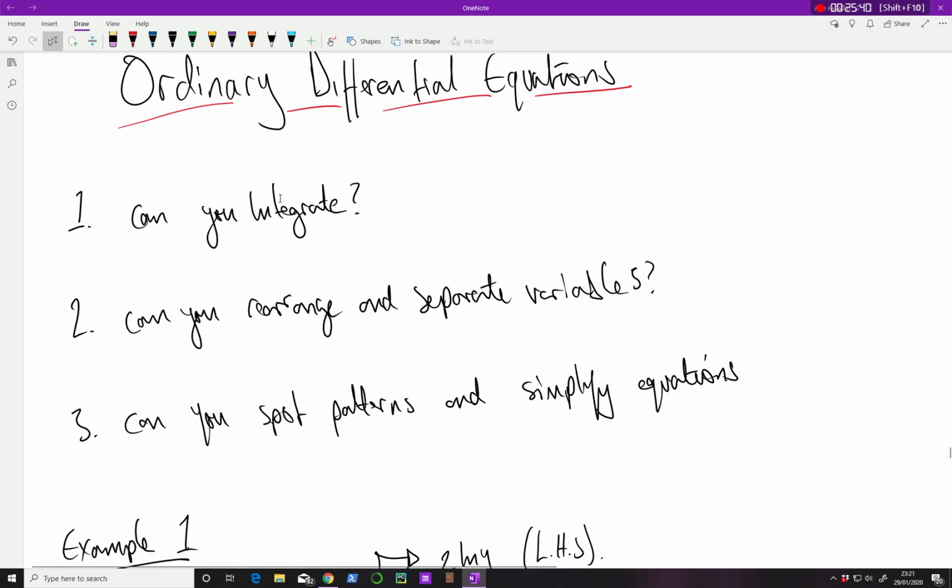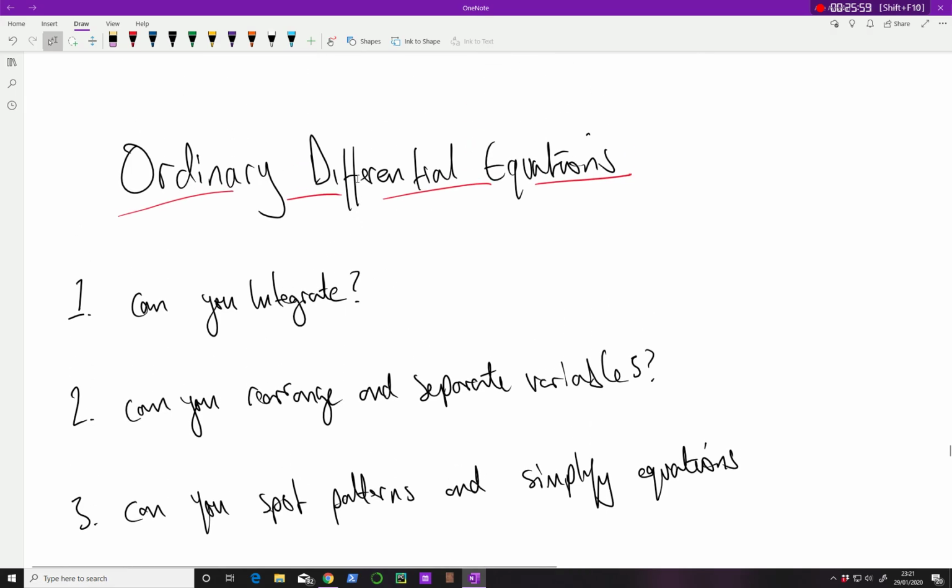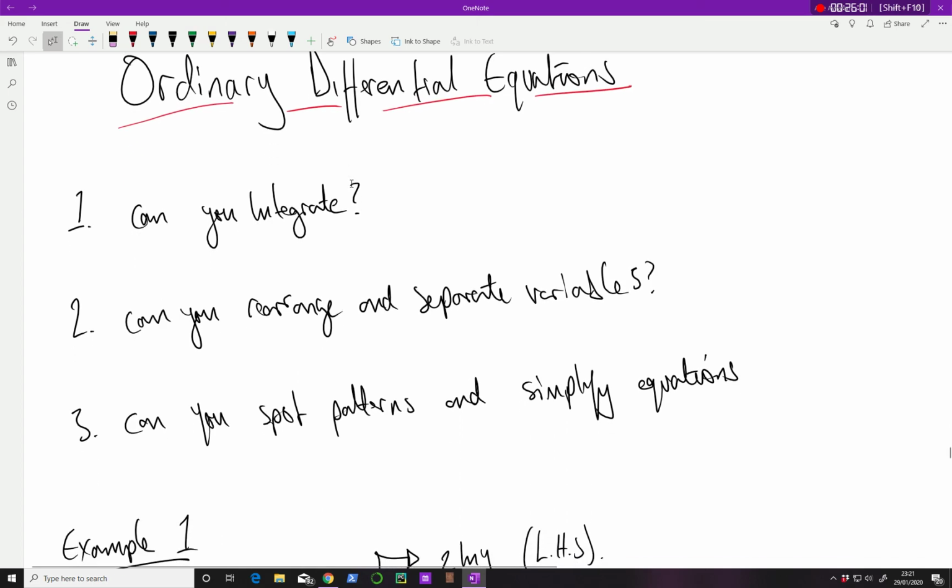And then can you integrate if you've got something over x, or trigonometric functions, do you know how to integrate them?